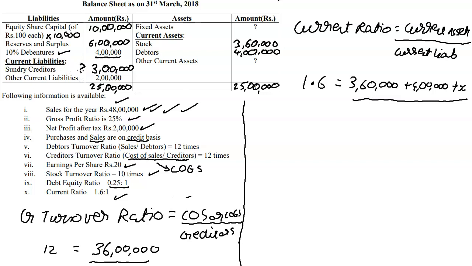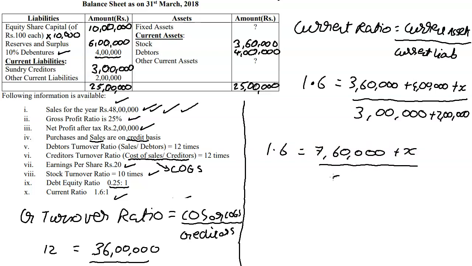All of these people are current liabilities, so it's going to be 3 lakhs plus 2 lakhs. So 1.6 is equal to, add this up, 7,60,000 plus x upon 5 lakhs.